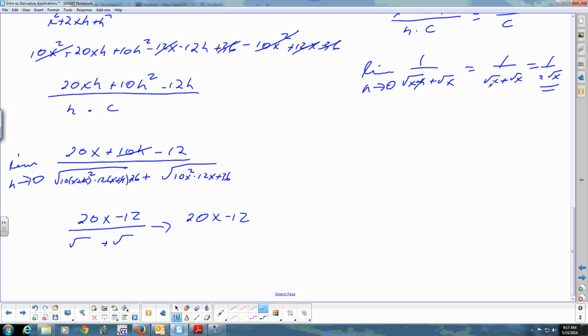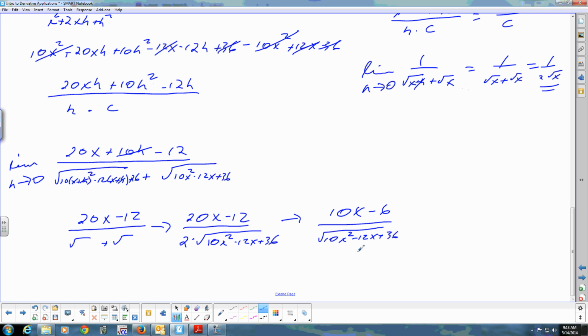I had the same square roots, so I had two of those square roots, 10x squared minus 12x plus 36. This 2 is a product, so I can reduce it here. So that becomes 10x minus 6 over the square root of 10x squared minus 12x plus 36.